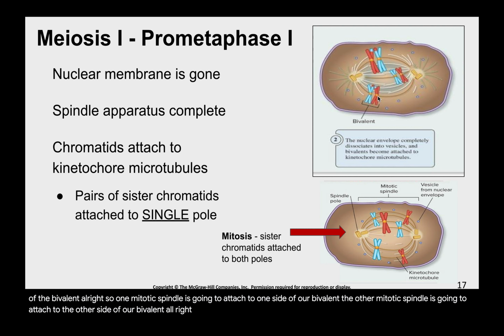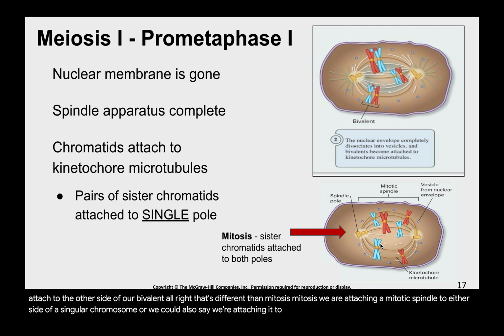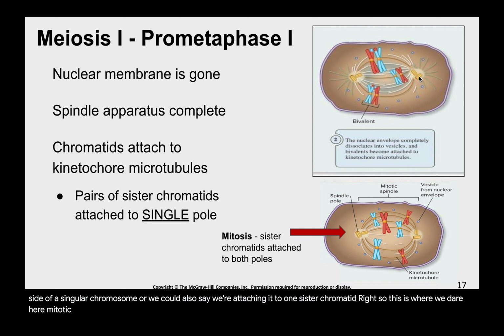That's different than mitosis. In mitosis, we're attaching a mitotic spindle to either side of a singular chromosome, or we could also say we're attaching it to one sister chromatid and the opposite sister chromatid. So this is where we vary here. In meiosis 1, the spindle is attaching to either side of the bivalent. In mitosis, it is attaching to sister chromatids.